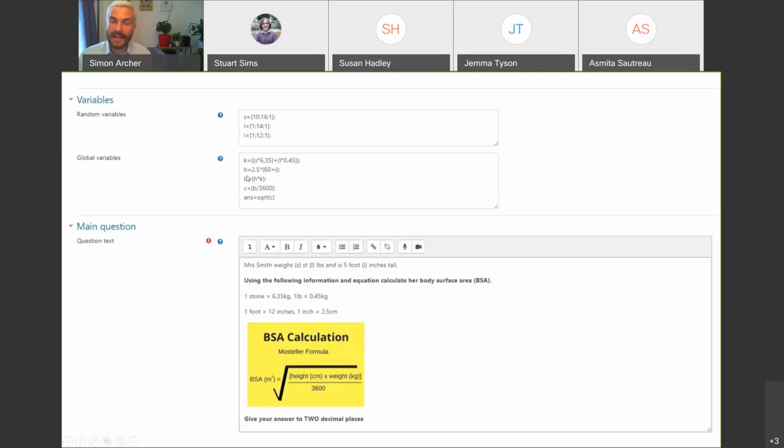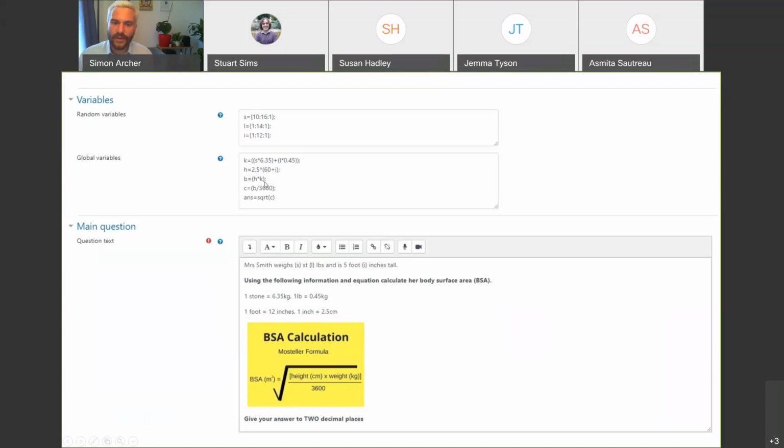I've then gone, right, let's work out the height. I've decided here to use a fixed height of 5 foot, but a varying number of inches. So the computer has to work out the inches in total: 60 inches, which is 5 foot, plus my random variable, multiplied to give me my centimeters.